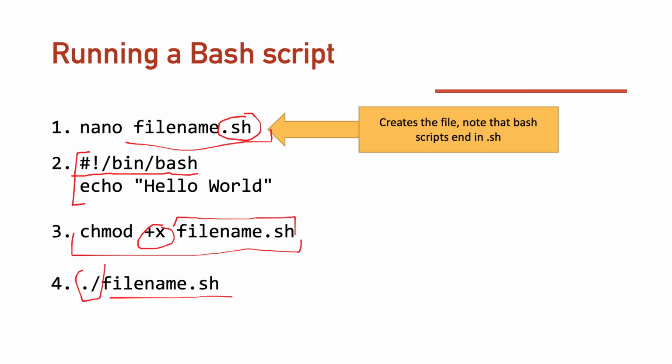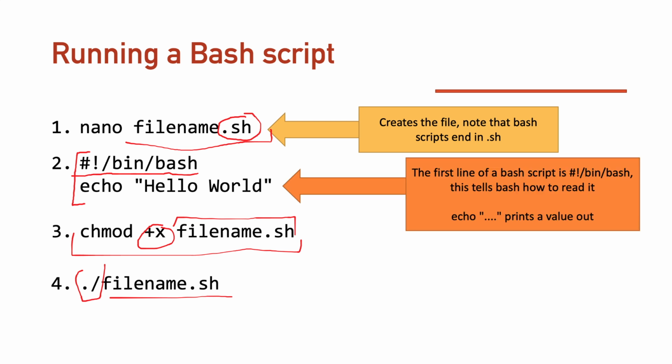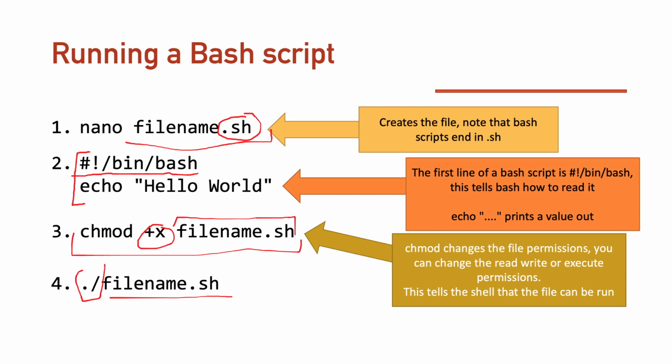So we create the file; all bash scripts end in .sh, that's how you can recognize them. The first line of the bash script is our shebang. It tells bash how to read it. Echo will print a value out. We then need to use chmod to change the file permission, so we can change the read, the write, but what we're looking for here is the execute.